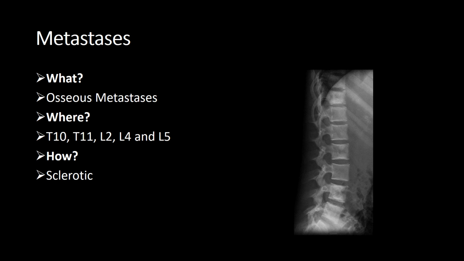And then you have sclerotic, so our really classic sclerotic metastases are from prostate. But you can have sclerotic mets from breast, and that's usually after they've started to have treatment. And then of course, just to make things really interesting, you can have mixed, so you can have both lytic and sclerotic appearances.